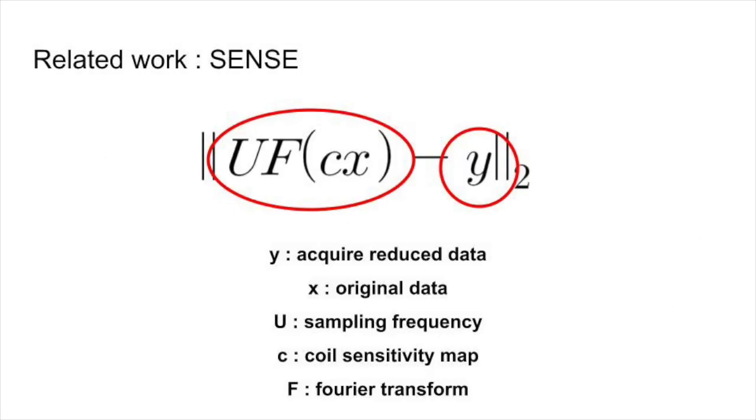It is clear that the result of multiplying the original image X by the coil sensitivity map and multiplying the sampling frequency by applying the Fourier transform should be the same as the Y. Eventually, all values in the expression except X can be obtained from the hardware, and the original image X can be obtained by applying L2 norm using the fact that the two values are the same.